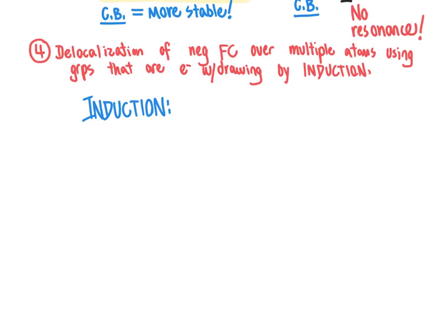So induction is referring to nearby atoms. Atoms nearby, for example, are an anion and the conjugate base. And those are going to be nearby atoms that shift electron density within the molecule by bond polarization. So they're going to shift what regions of the molecule are electron rich and electron poor through the polarization of bonds.